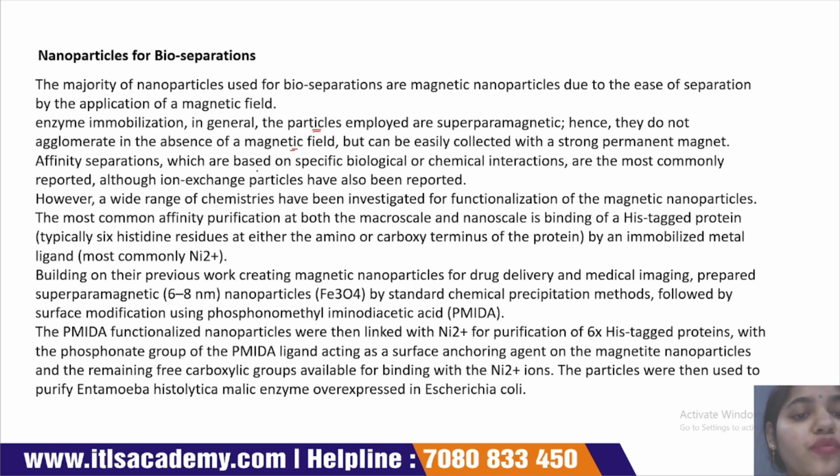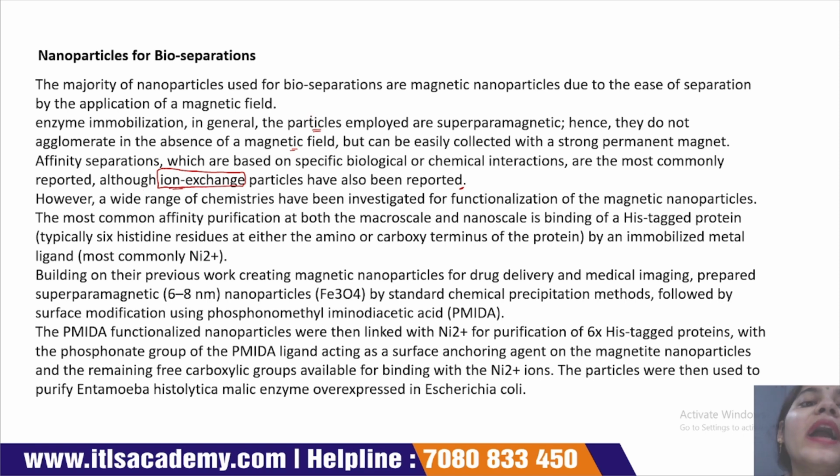Affinity separation, which is based on specific biological and chemical interactions, is commonly reported, although ion exchange particles have also been reported. Ion exchange is a type of chromatography technique in which we use cations and anions for the separation of molecules.